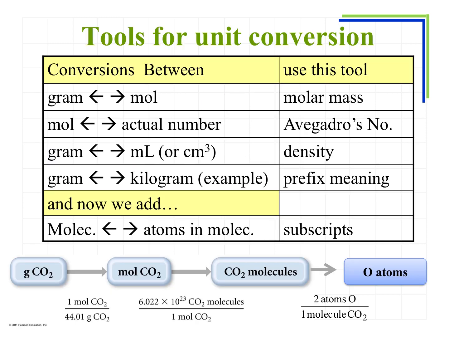Okay, so we are going to add one more conversion to our toolbox, and we are going to finish this video. So when we have a molecule and we want to know how many atoms are in that molecule. Okay, for example, we have CO2. If I ask you how many oxygen are in this mass of CO2, you have to think about, well, we already thought about gram and mole.